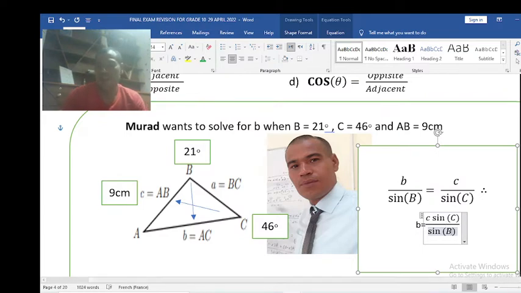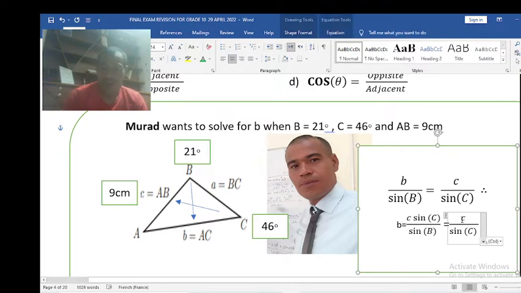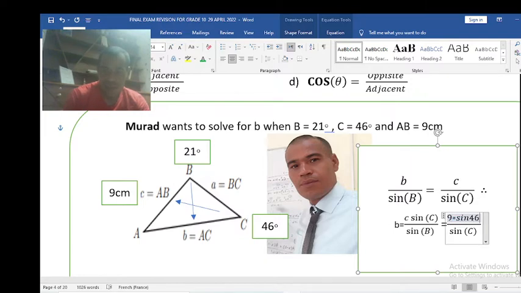Now just substitution. C we told is 9, multiplied by sine of the angle C, which is 46 degrees, divided by sine of 21.